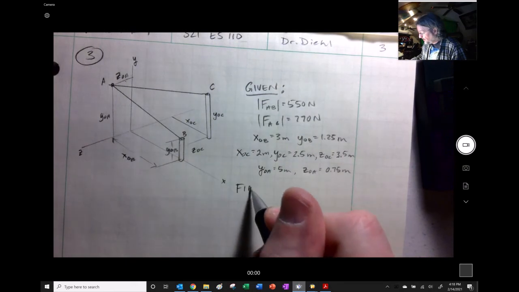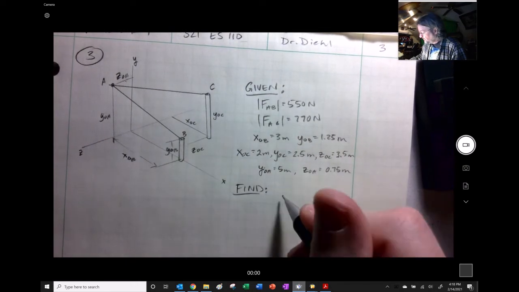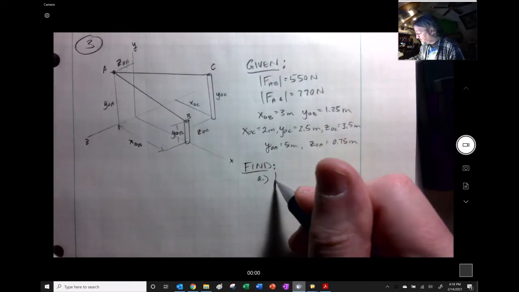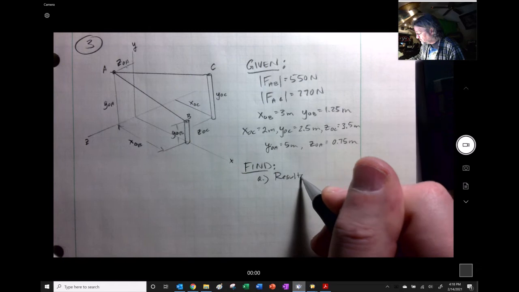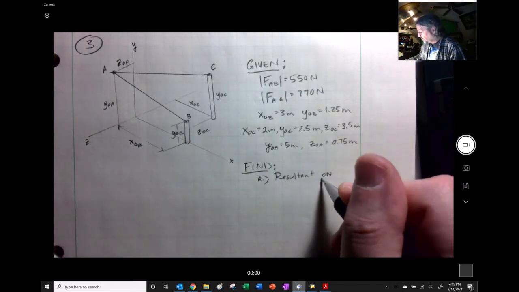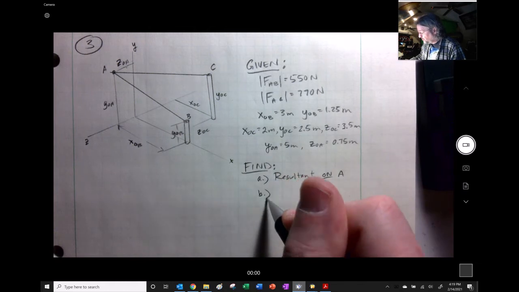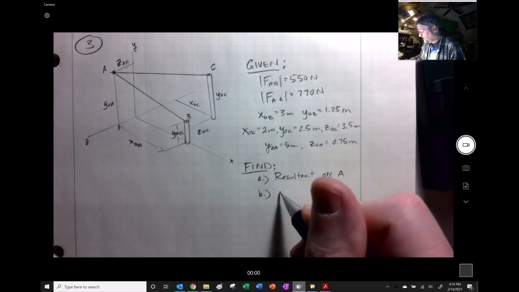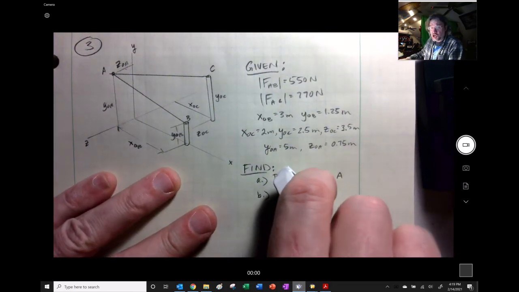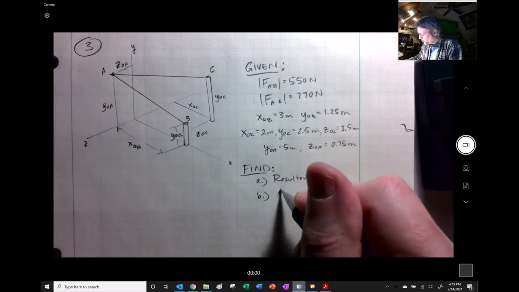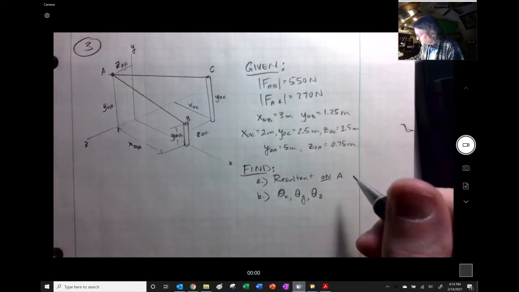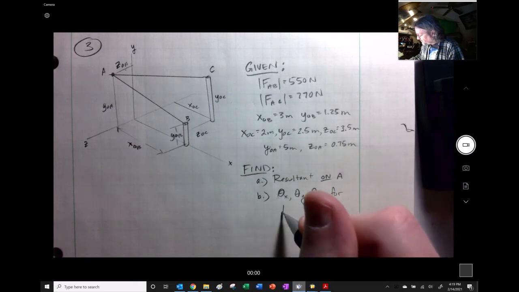And now the find: at A, we want to find the resultant. And then B, we want to find theta x. For the resultant.